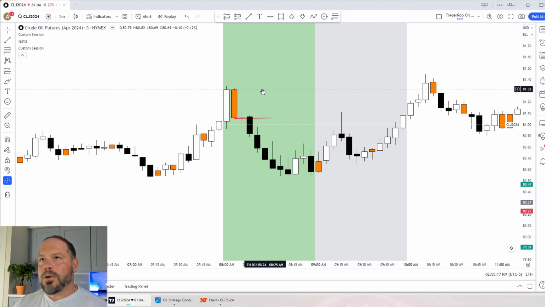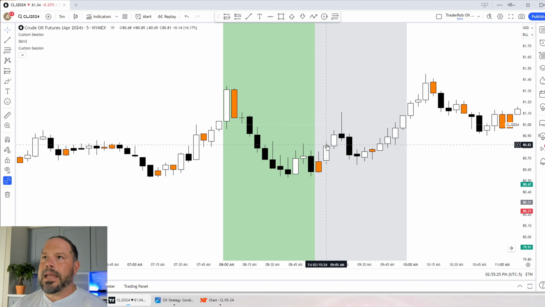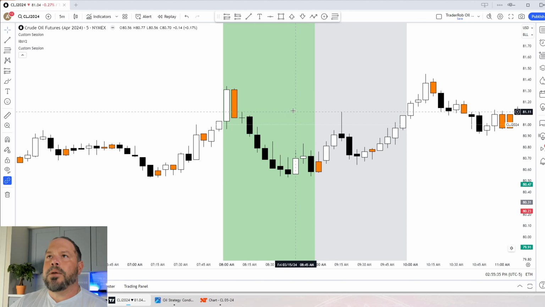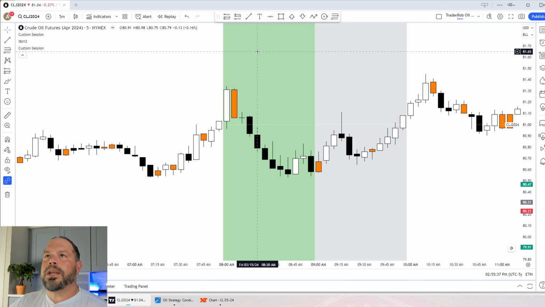We set the orders once this bar closes, and we just let price action determine which way it wants to go. Now that we know we are going into a short, as this candle right here pierces our short entry, we're going to ask, how do we now determine what our stop loss and our take profit is?